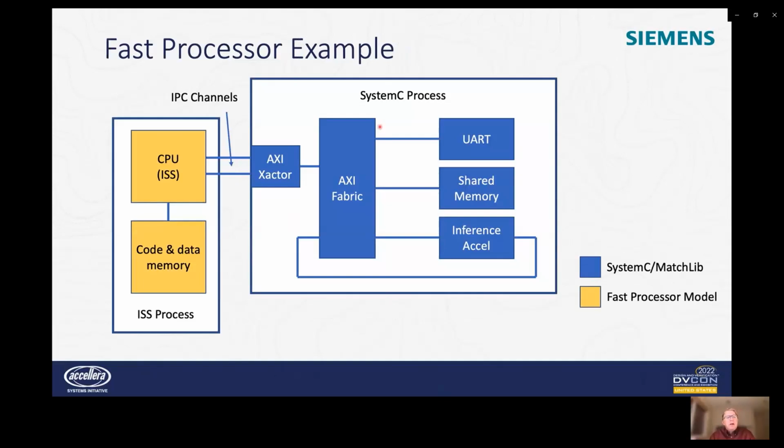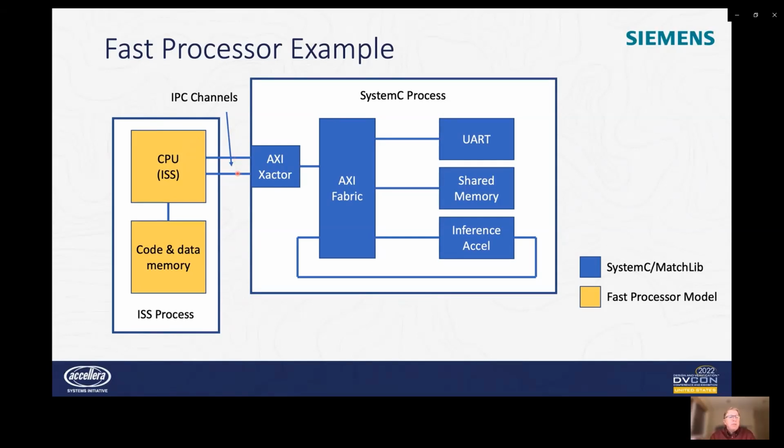So this is what our fast processor model looks like. We'll have a SystemC process, and it'll have our AXI fabric and our peripherals modeled in SystemC and MatchLib. Those haven't changed from our prior implementation. Rather than a processor model here, we're going to have an AXI transactor. And in the constructor of this transactor, it will launch the ISS process, give it the program to run, and basically configure it to begin executing.